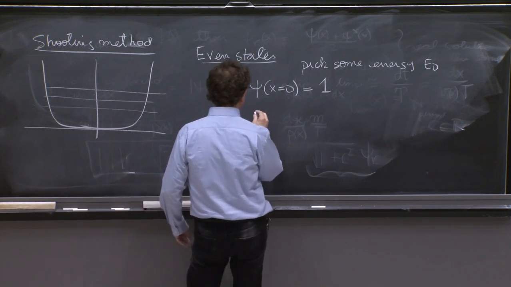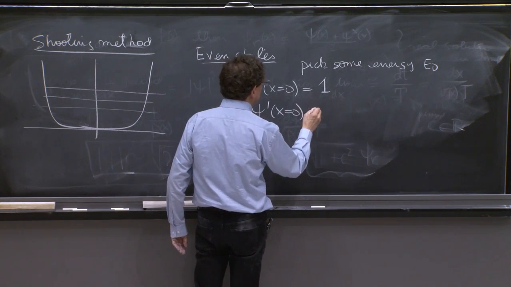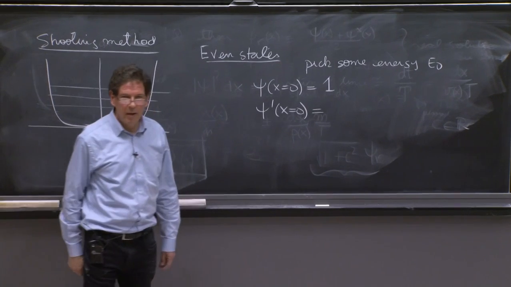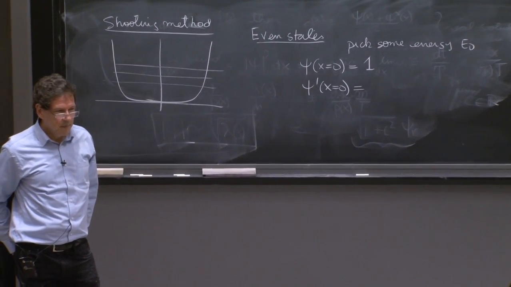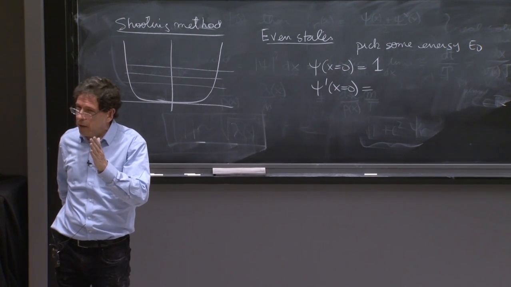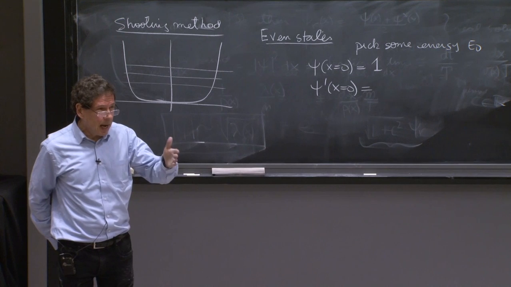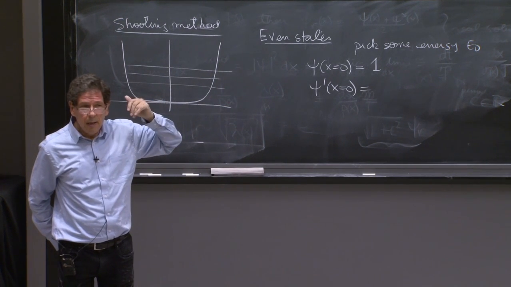And then you say that the derivative of the wave function at x equals 0 is how much? Any suggestion? How much should it be? You see, you have a second order differential equation. The second derivative of psi is equal to E minus V times psi.